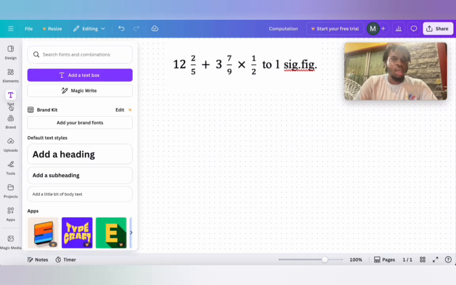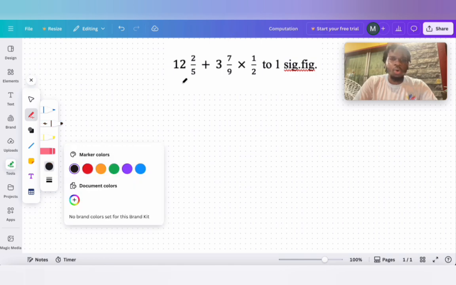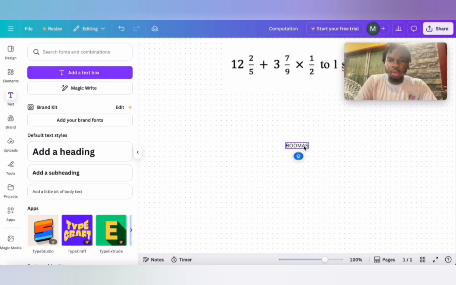Firstly, I'm going to tell you guys what not to do. We are not going to be approaching it from left to right. Why? Because whenever we're dealing with operations, there must be an order. And I hope we remember this word, BODMAS.